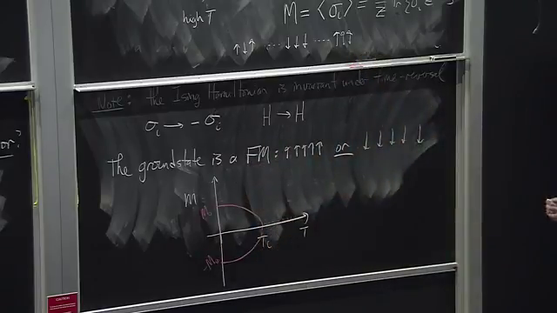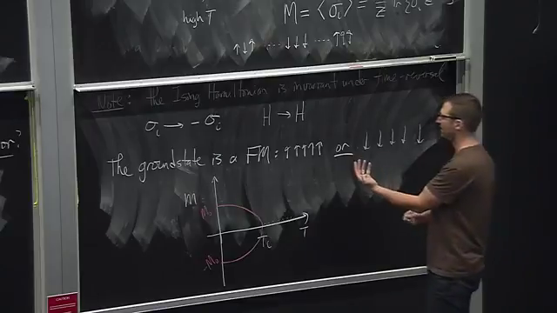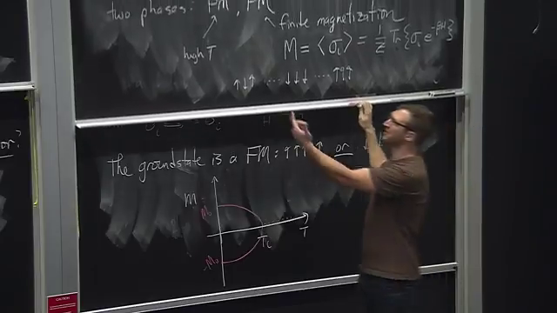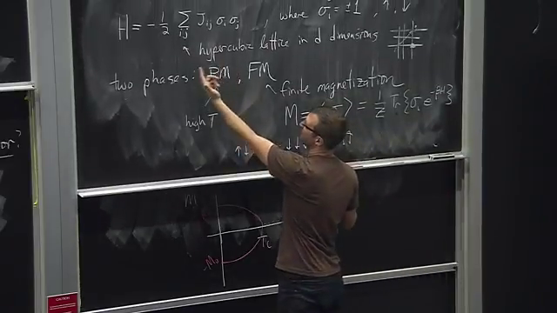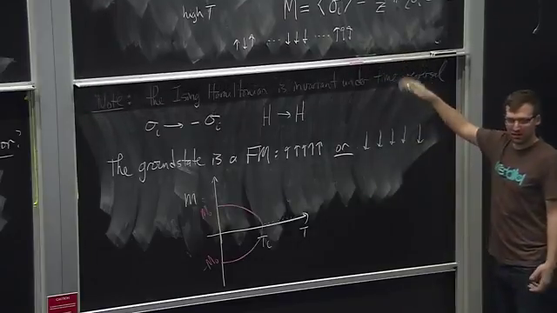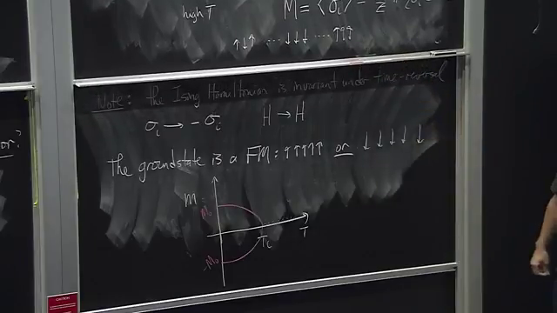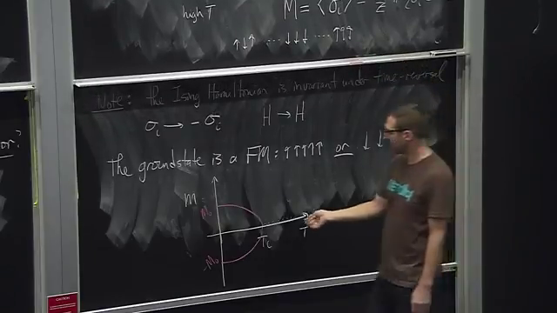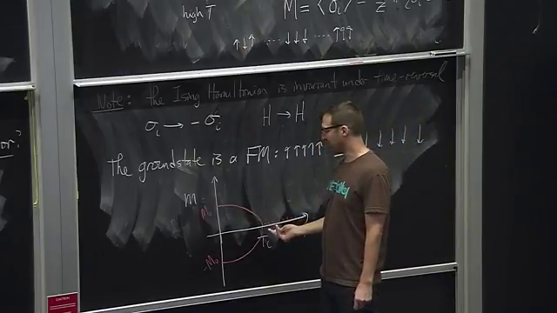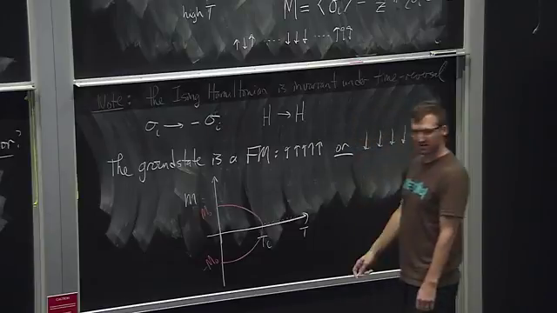So whether the all up state or the all down state occurs at low temperatures, and you can convince yourself that that is the lowest energy state, it's equally probable that if you cool a ferromagnet down, it'll order in one of the two magnetization states.